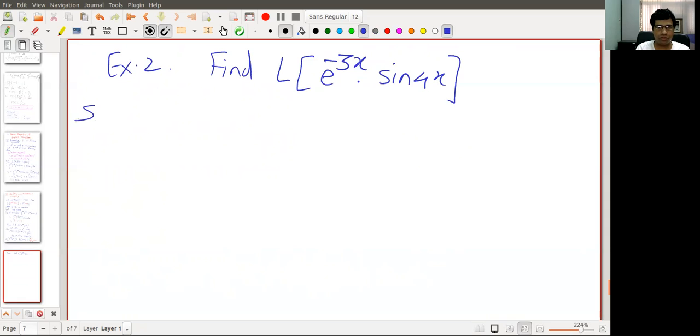Solution. So we define f of x to be sine 4x. Let f of x be sine 4x.